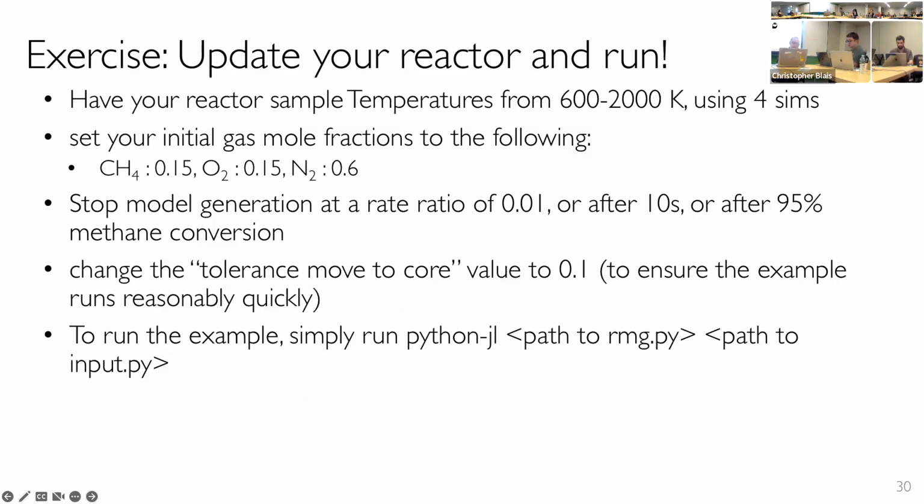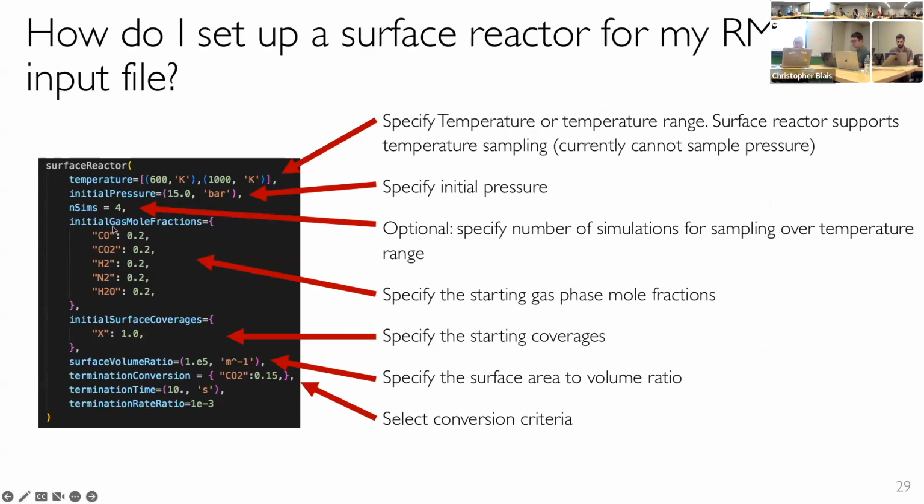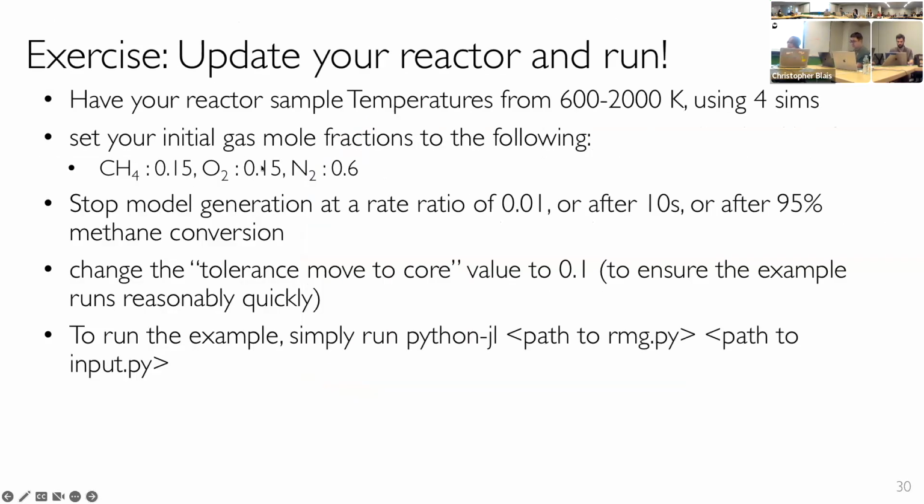This is the last piece of additions to make to the input file that I've given all of you. You're going to want to set your temperature sampling to 600K to 2000K with 4 simulations, which is similar to what I have on this page. Set your initial mole fractions to 0.15 for CH4, 0.15 for O2, and 0.6 for N2.